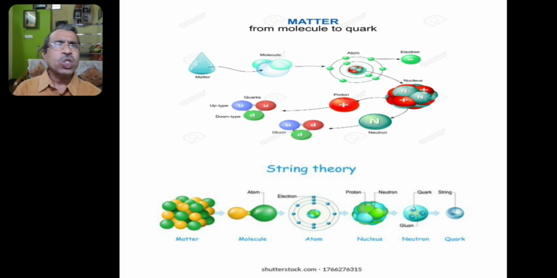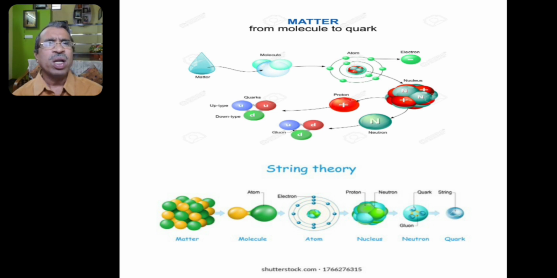Atom contains the electron and nucleus. The nucleus contains protons and neutrons, and these protons and neutrons contain the quarks. The quarks combine to form the mesons, and like this.